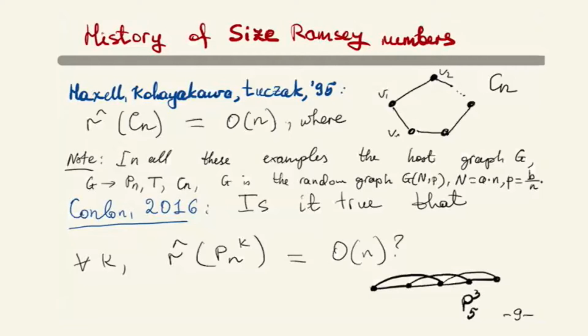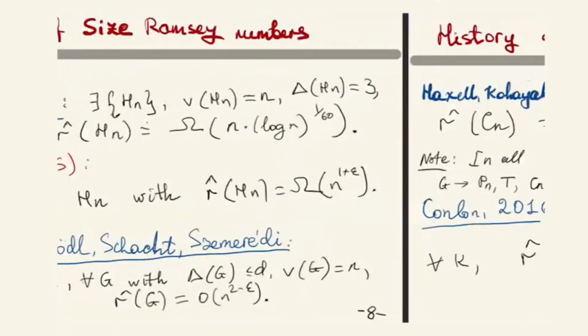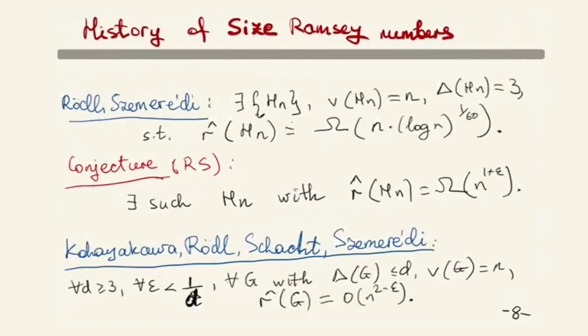And for the regular graphs, the upper bound, is it also G(n,p) or is it different? Yeah, that's a good question.